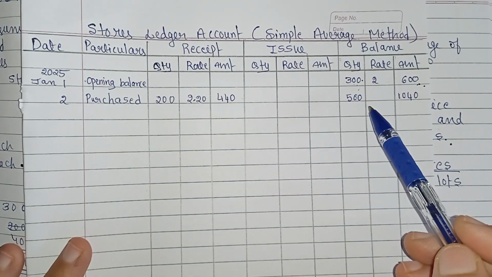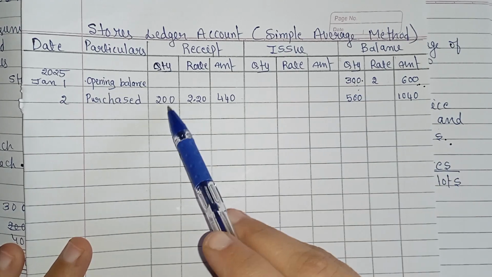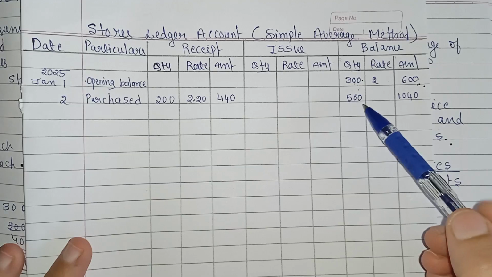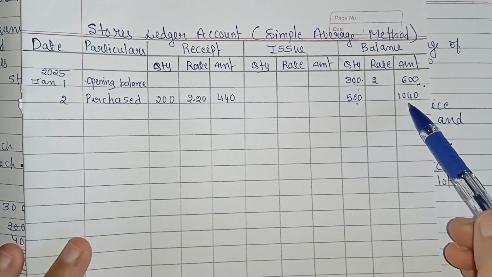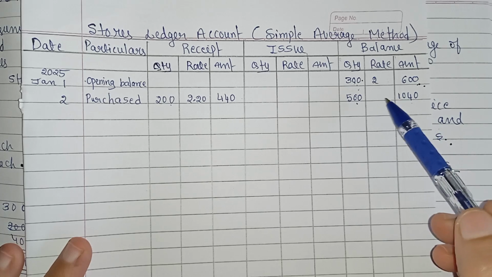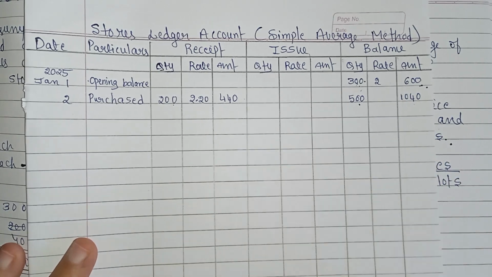But here we have to write down the quantity together, that is 300 plus 200. So total balance with us, that is 500 quantity of materials, amounts to rupees 1040. No, don't write down the rates. I hope this is clear to you all.